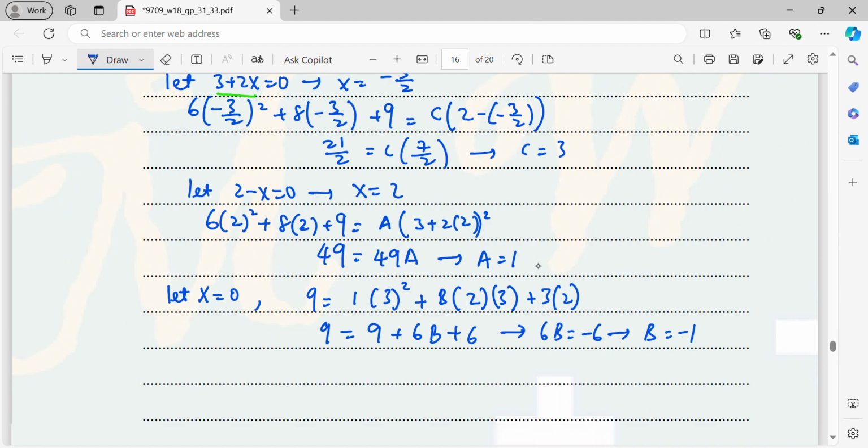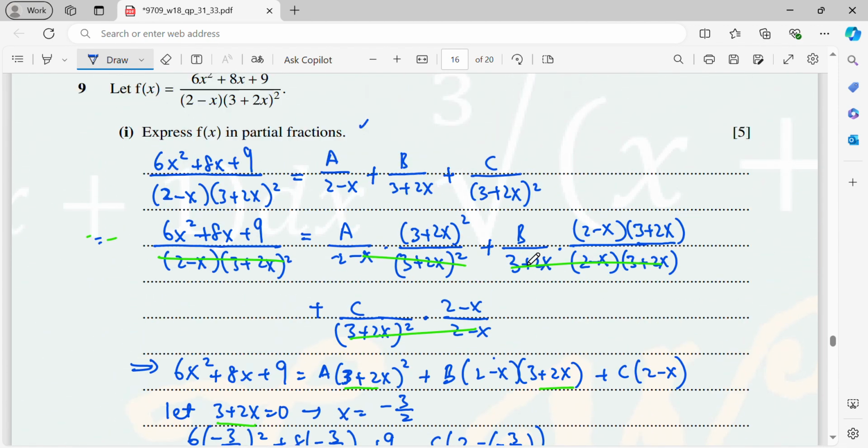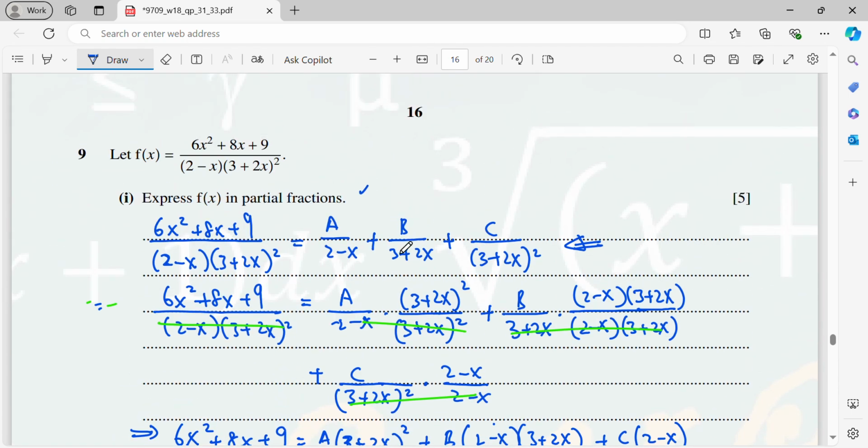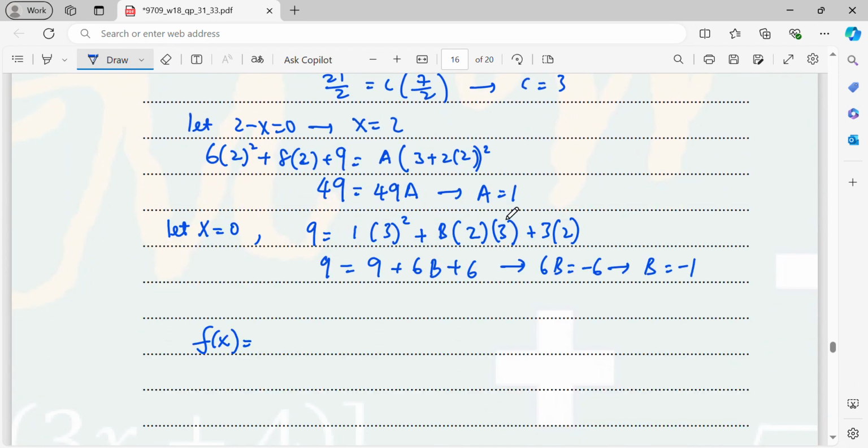So with this, we have found all the unknowns A, B, C. Just replace back into these partial fractions. So then I will get f(x) equals A over 2 minus x. So my A is 1 now, so 1 over 2 minus x.